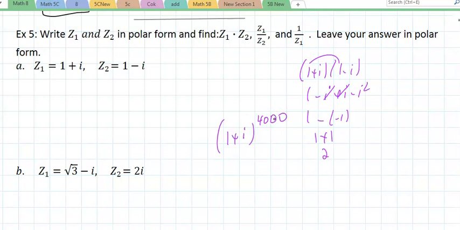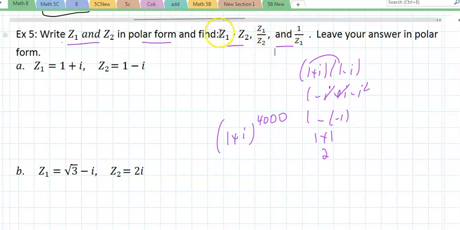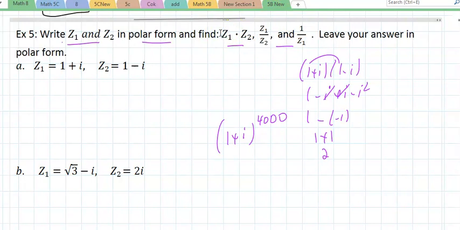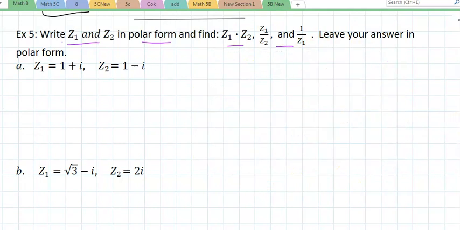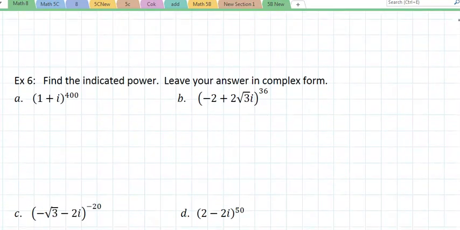So if you're thinking, I'm going to use the I, that's not allowed. Write those in polar form and find the following. What if you found the following without converting to polar form? You're missing the point. We're not after the answer. Hopefully by now you know that. So we're really after you grasping the concept, because this is where we're going with this.